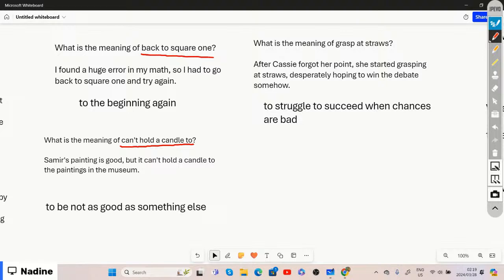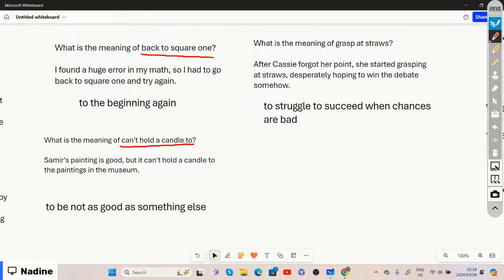But the meaning of that phrase is that you are not as good as something else. So in this case, the sentence is Samir's painting is good, but it can't hold a candle to the painting in the museum, which means that Samir is an excellent painter. His paintings are good, it's great, but compared to the paintings in the museum, it is not as good as the ones in the museum.